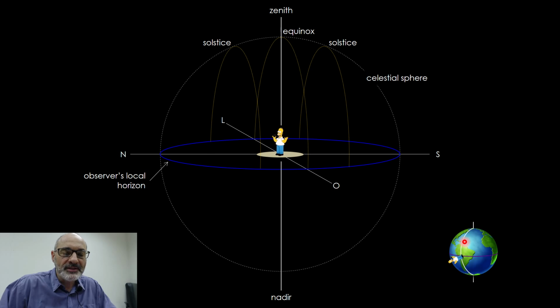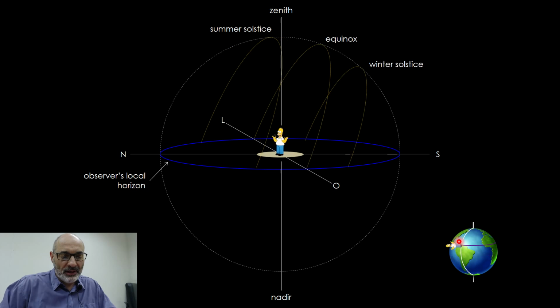What happens if he moves, let's say, north to this position here, where I'm pointing? Okay, let's see. He goes north, and he starts to see the sun in the summer solstice rising. It still rises in the east and sets in the west, but the trajectory is tilted.